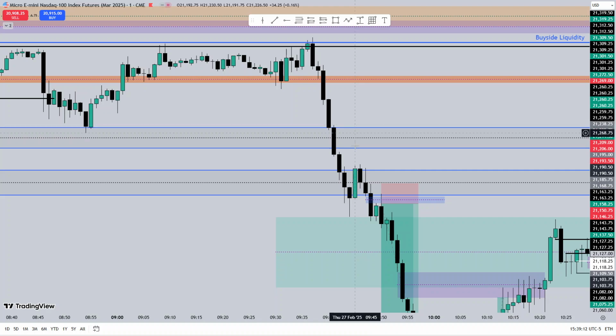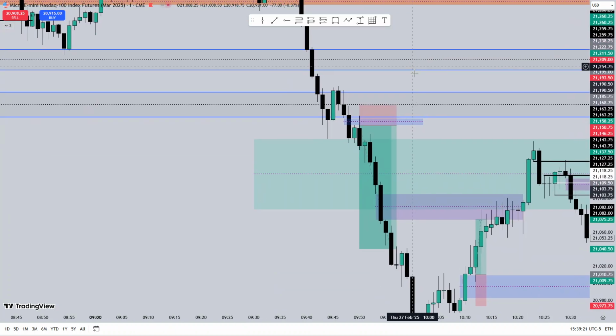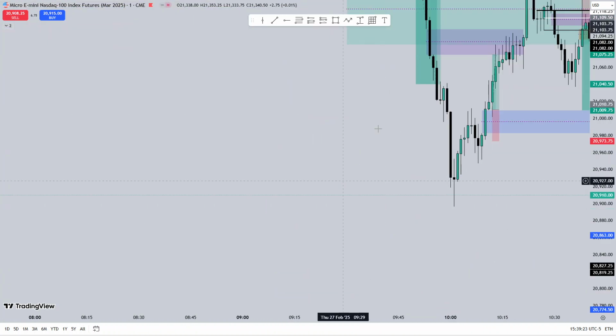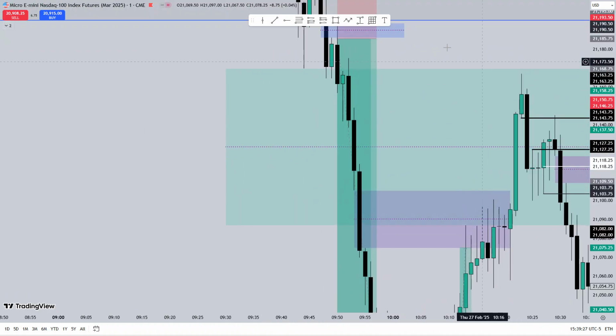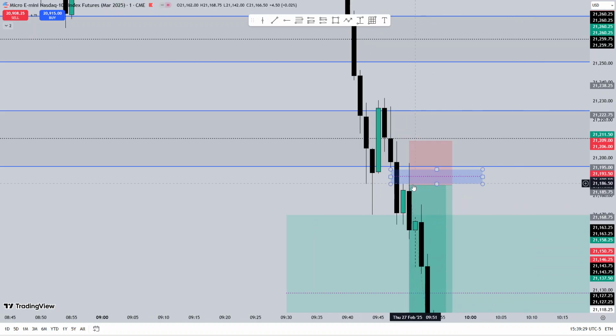When I saw the 15 minutes candle body closed below this gap, I was more confident that the market was going for sell side liquidities. Then I took my entry from this fair value gap.